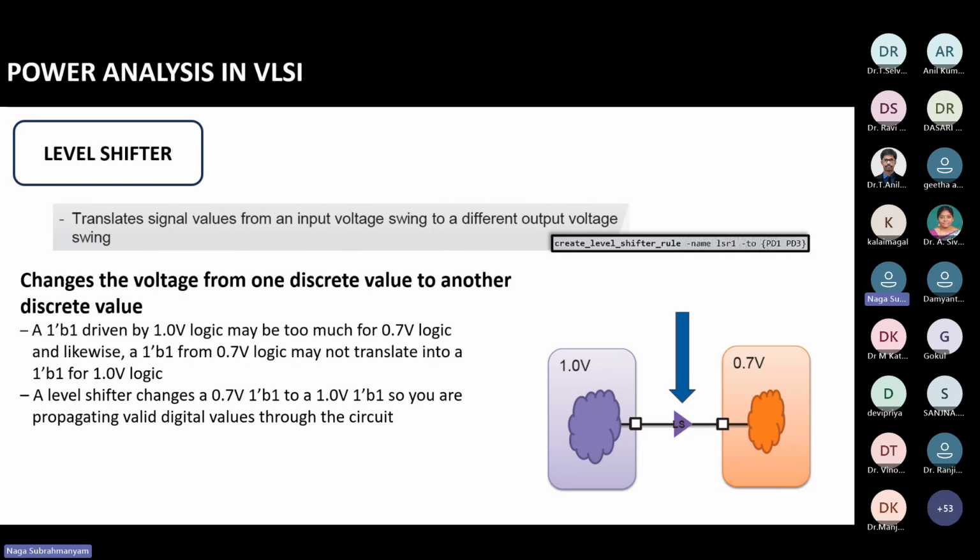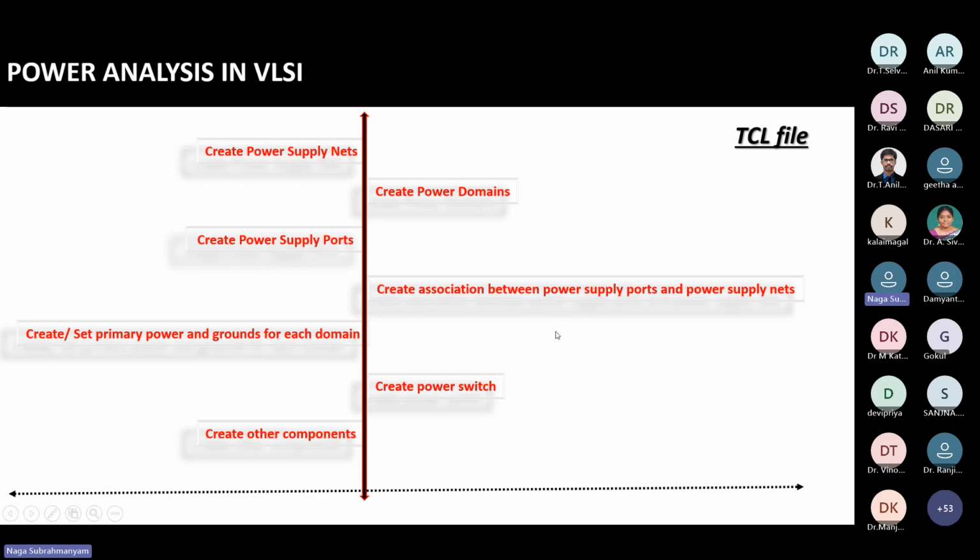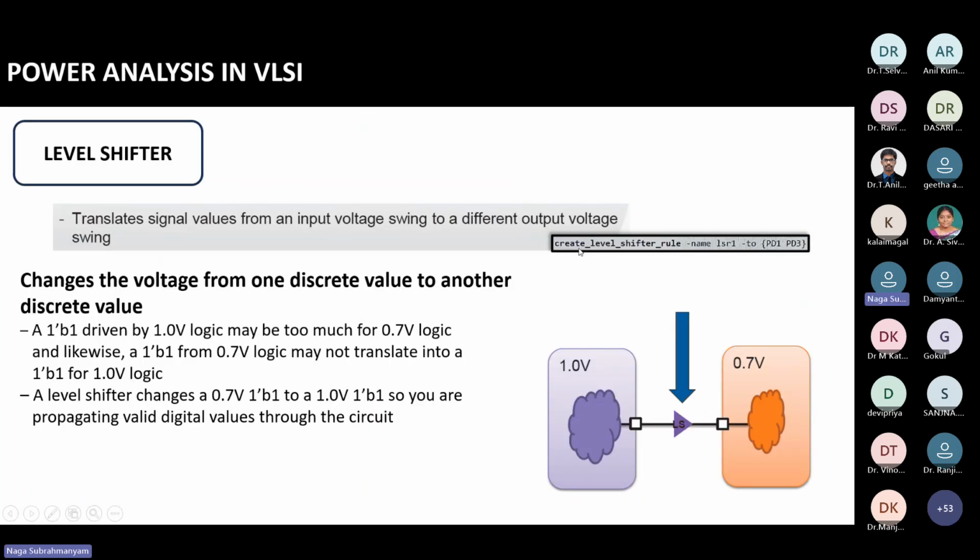Okay, these level shifters, as many different voltage domains as you have, will be there all over the chip. As I told you, you create power supply nets and power domains. In the UPF, we have to write like this: create level shifter rule, minus name. We have to give our own name, for the domains it is working between, PD1 and PD3.